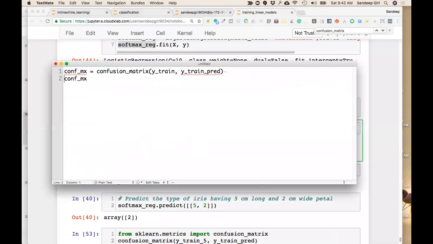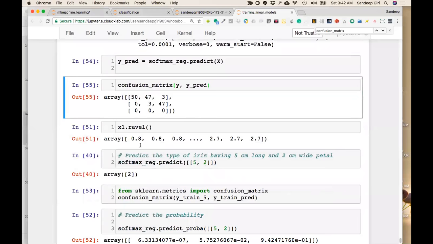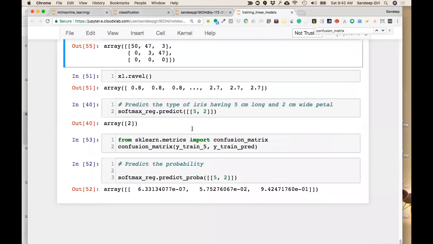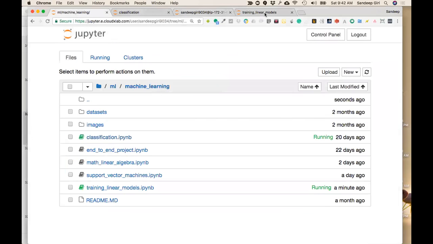Let me just keep your question. I'll put it in the notebook. I think this needs to be more detailed, and that will make more sense. Wonderful questions. Should we move ahead?